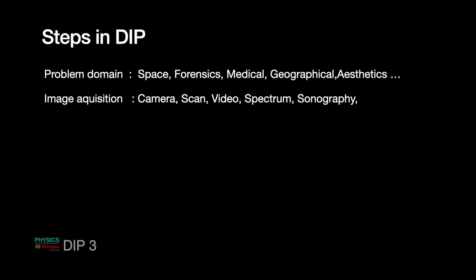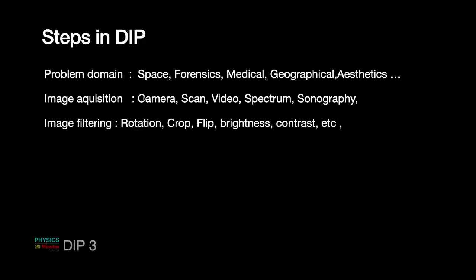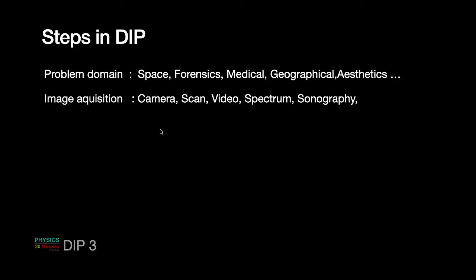Now, image acquisition can happen in various ways as well. So that is the next step generally. You need to acquire the images. Camera is one of our chief sources of acquiring images, but not the only source. We can have scans as well these days.